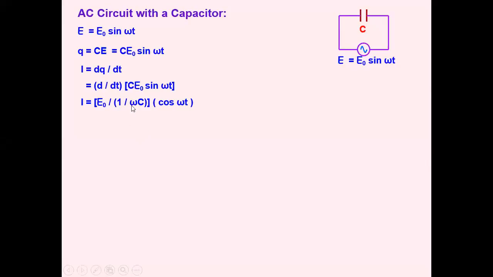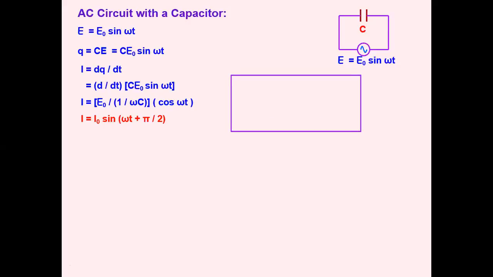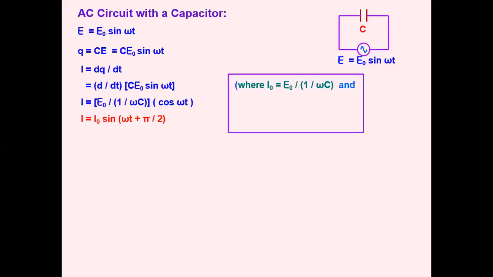So we take the reciprocal of omega C and divide by that, so the expression remains the same, and this 1 by omega C itself is called capacitive reactance. As we discussed inductive reactance, here we discuss capacitive reactance. So 1 by omega C is denoted as XC, the capacitive reactance.